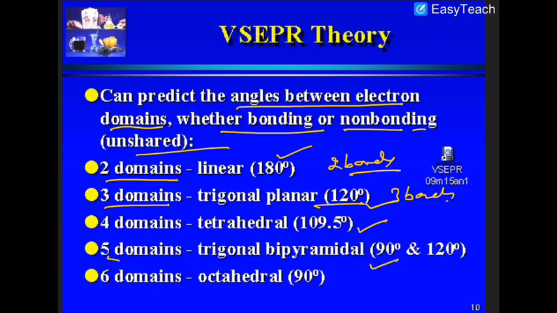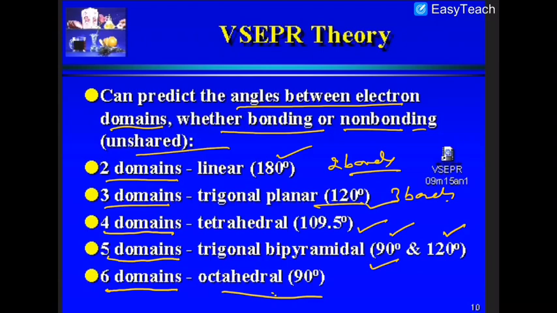Domains here means bond pairs. I am repeating once more, here domains means bond pairs. Then there are two types of bond angle. There will be 3 bonds at 120 and 2 bonds at 90 degrees. If there are 6 bond pairs, then the structure will be octahedral.